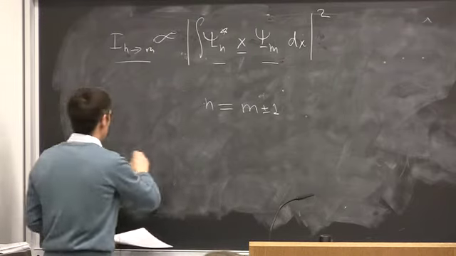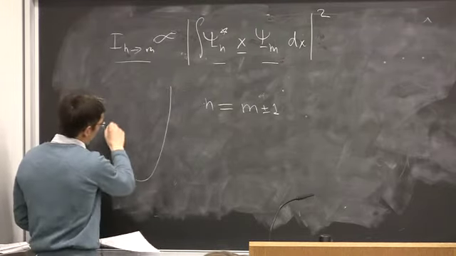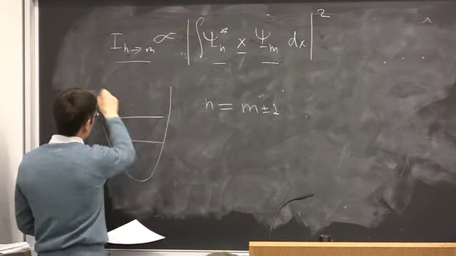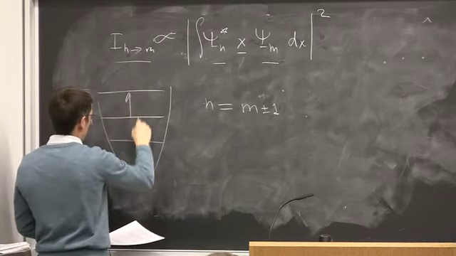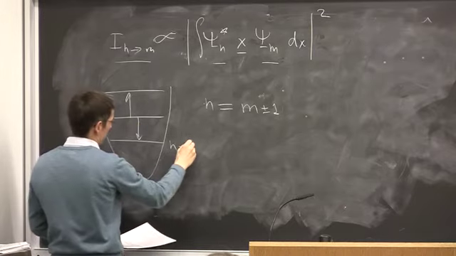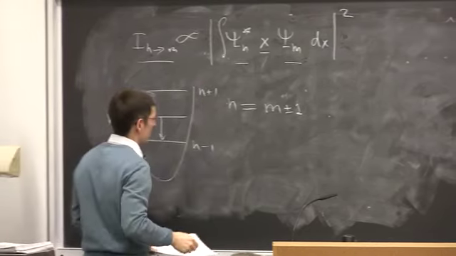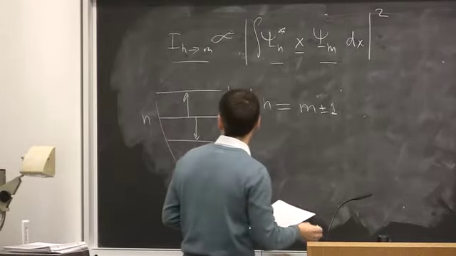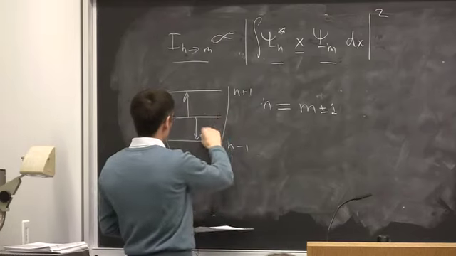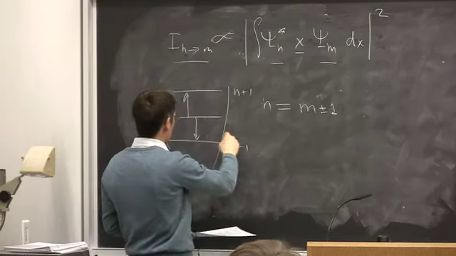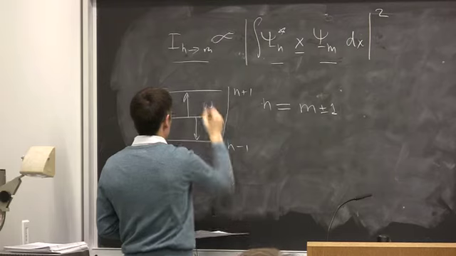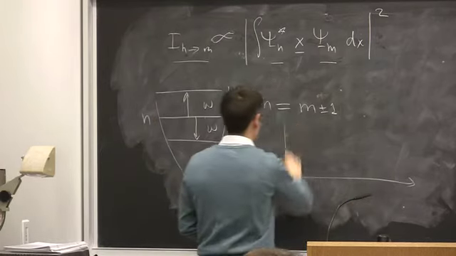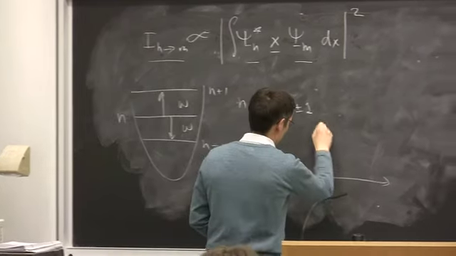So if you have, again, this parabola, and you are on an nth level, you can only go either up or down. One level down or one level up. And so that's the situation. And because when you go up or down one level, the energy change is in both cases omega, you have a very simple spectrum.